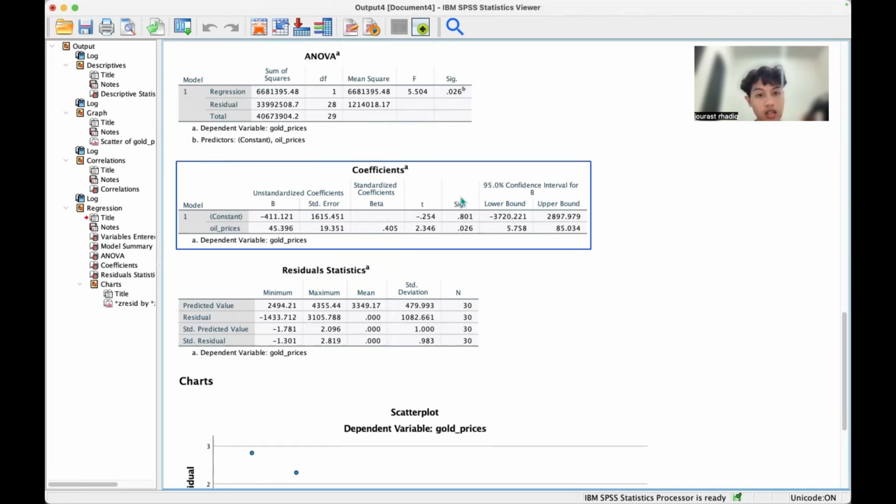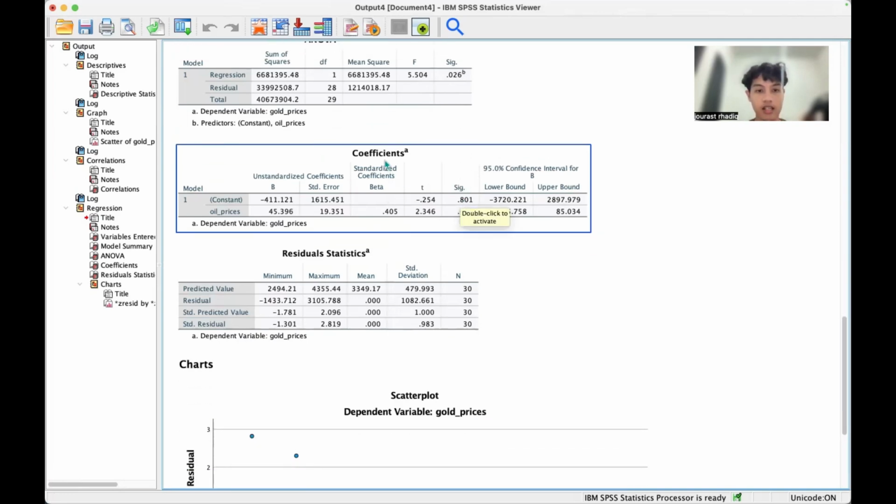Next one is coefficient. So we focus on this one.